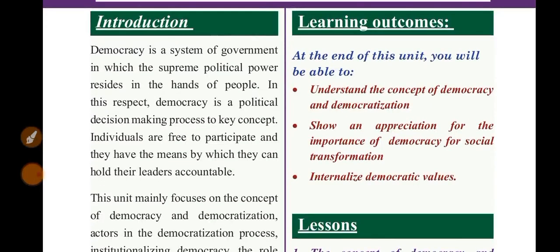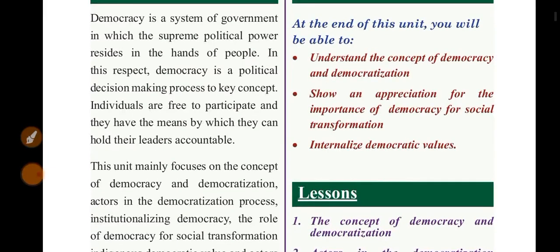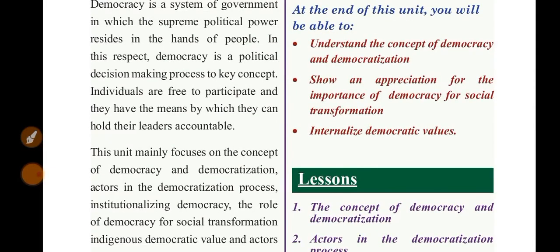When we move on to the next, in this respect, democracy is a political decision-making process. Looking at the key concepts briefly, in this respect democracy is a political decision-making process for key concepts.